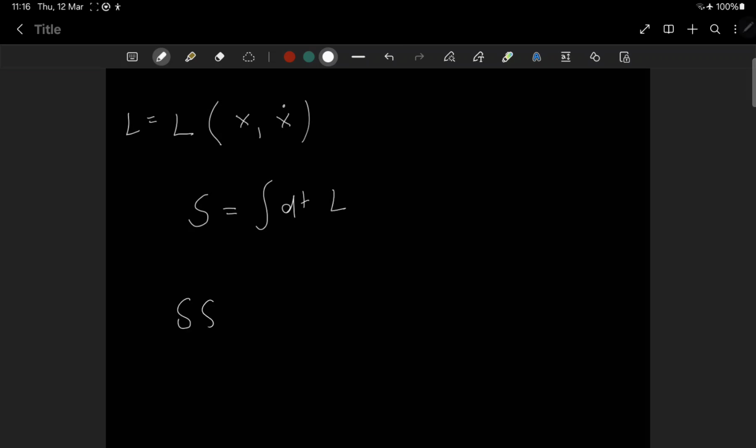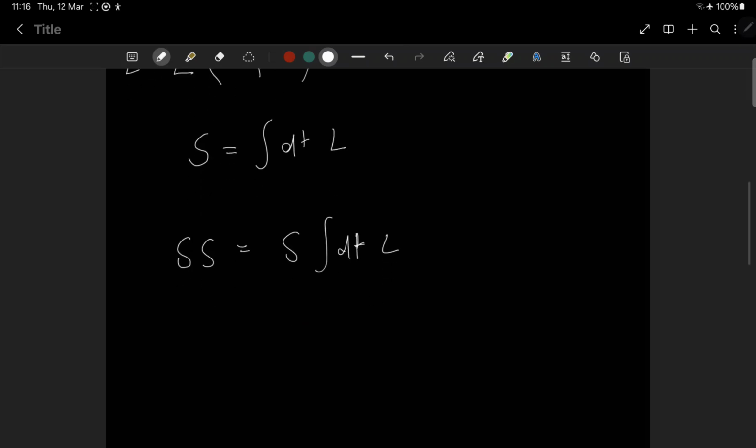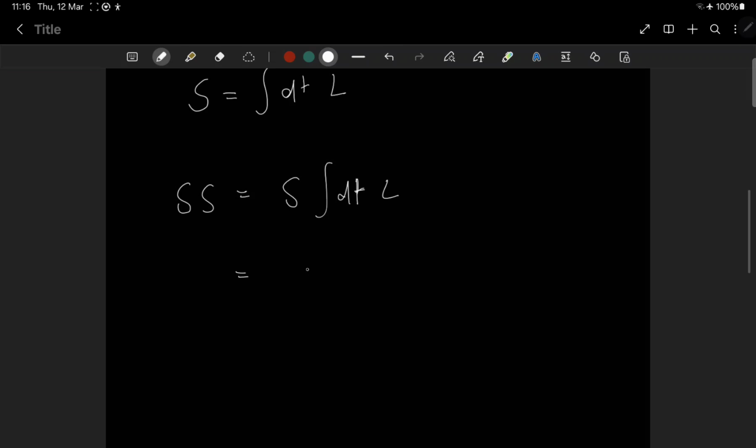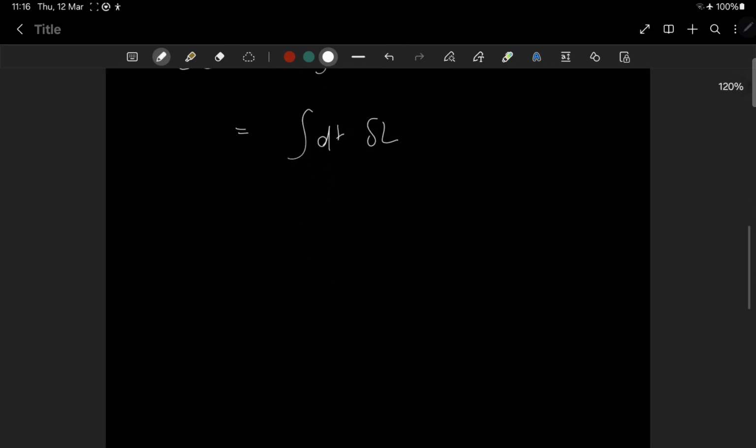So we have delta S is equal to delta of the integral over dt of L. If we take the variation, we get the integral dt delta L. And since L is a function of the position and the velocity, let's write delta L of x and x dot.